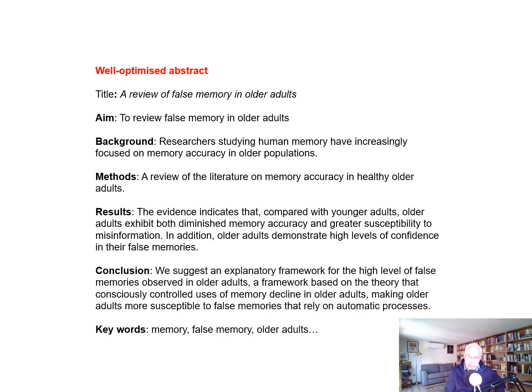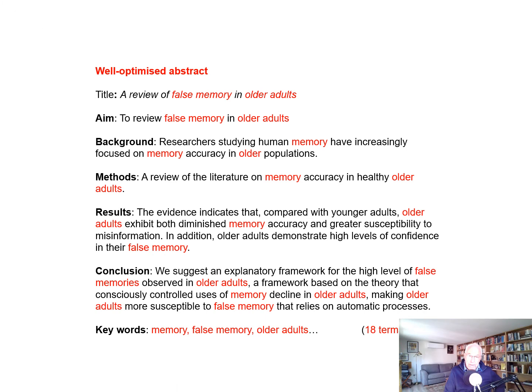Now, the important thing here is that I have used the same words throughout. I've used false memory, older adults, memory, false, older adults, memory again. I haven't used different words, and this gives, I'm sorry it's slightly obscured by the video there, but this gives 18 terms that are common. Now that is more likely to be found on an internet search than a less well optimized abstract, which I'll show you next.